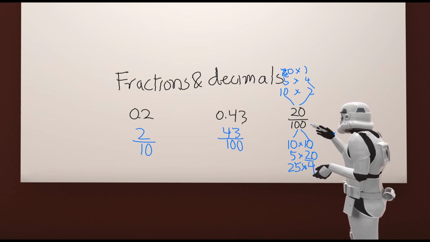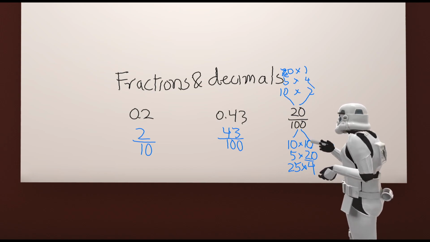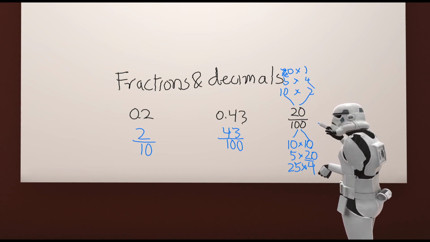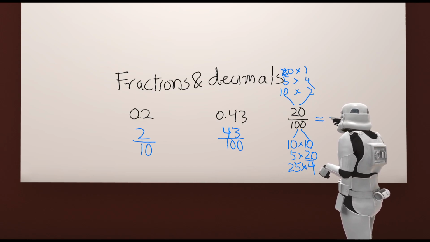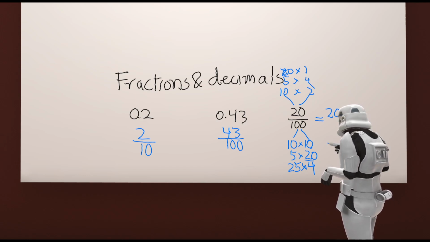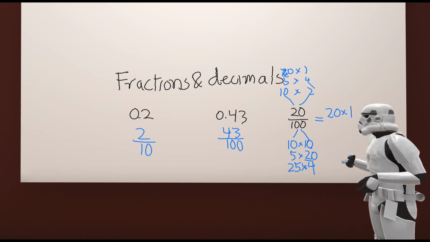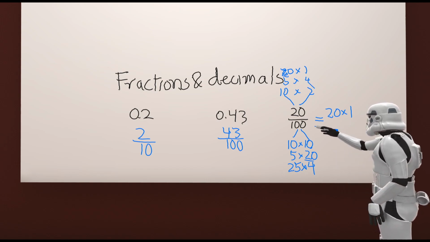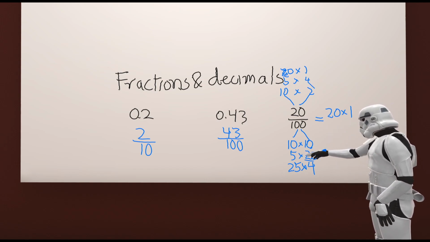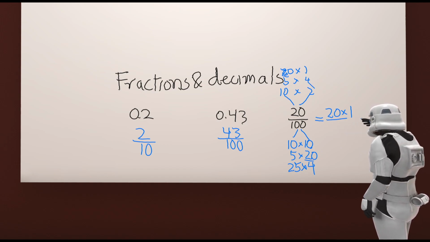So what we're going to do is we're going to split our 20 into 20 times 1. Sorry, that's a little bit messy. So this is now equal to 20 times 1. And our 100 is going to be split into 5 times 20.